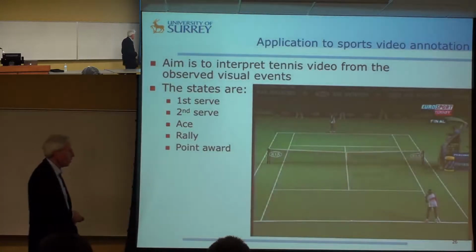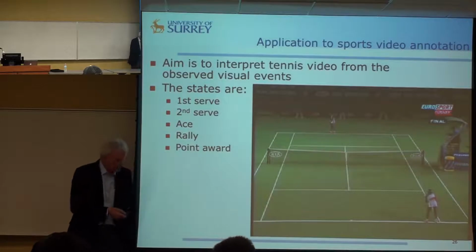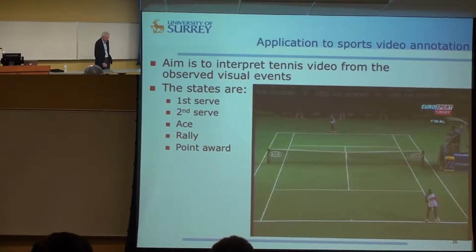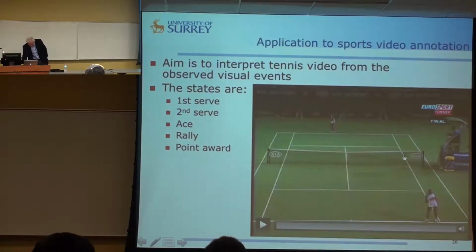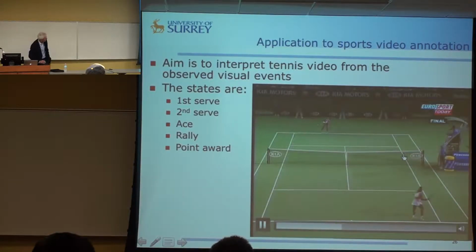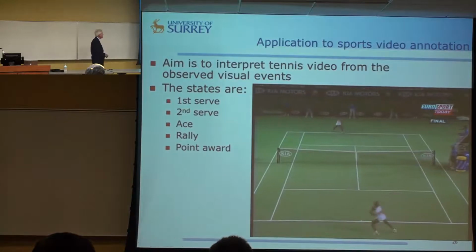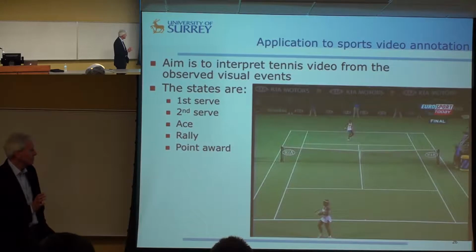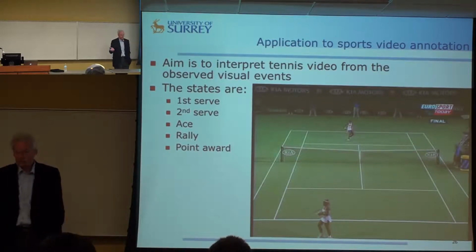But our own work was concerned with video interpretation, as I said, and in particular sports video. So, just a brief segment of video from tennis singles, and we built a system.